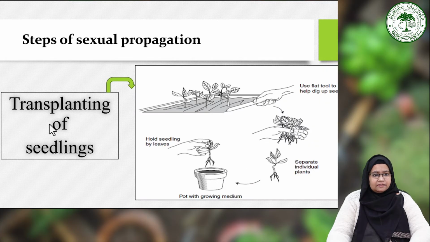These seedlings can now be transferred to a pot. The growing seedlings which we have grown by sowing of seeds can be transplanted to the next pot. This pot has the seedling and a different soil. This pot has a growing medium which supports the growth of seedlings.